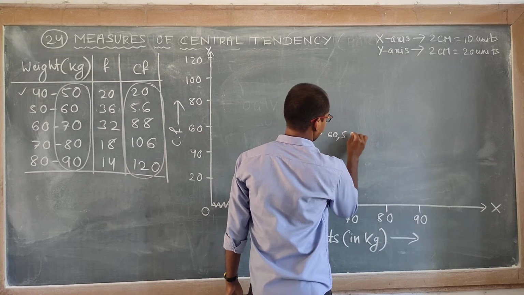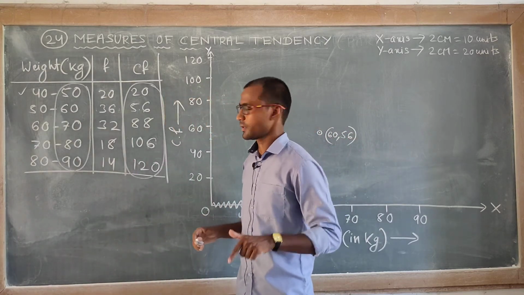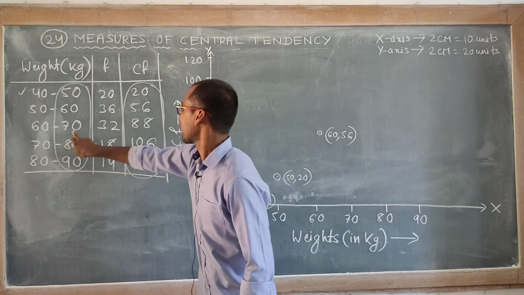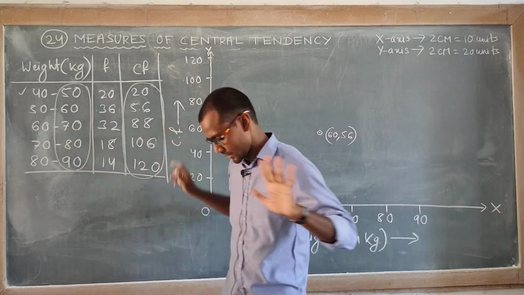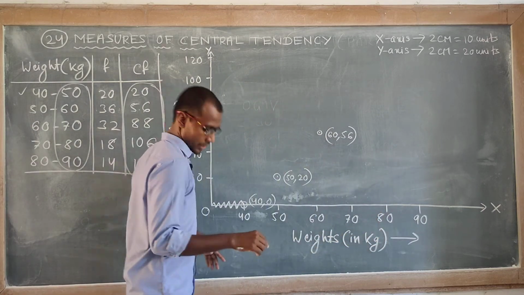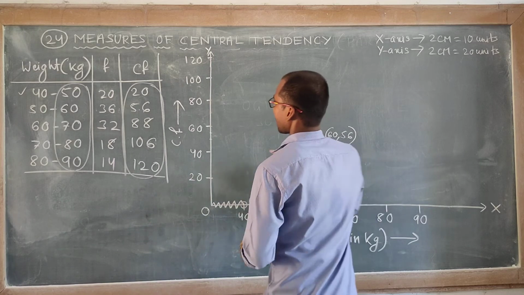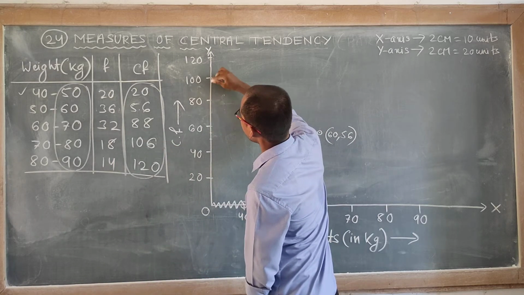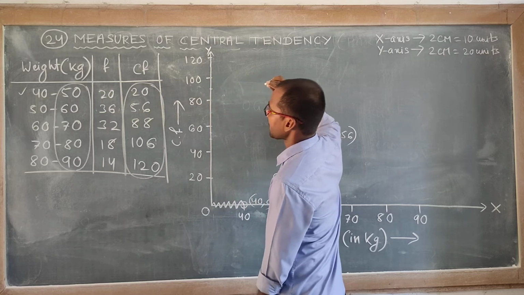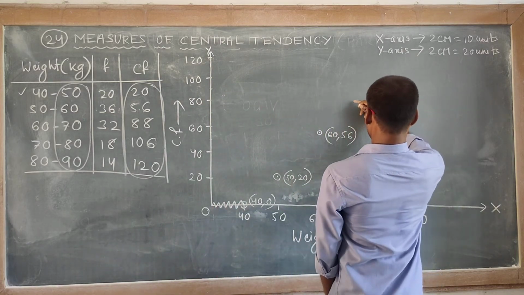Ready? Next point, coordinates are 70, 88. Upper limit, CF, 70, 88. Okay, so 70, 88. This is 70. Let us look at 88. This is 80. This is 100. So this will be 90. So just below 90. Okay, just below 90.